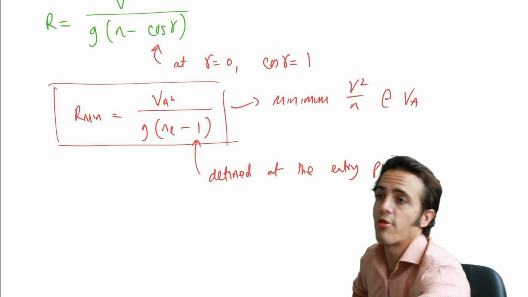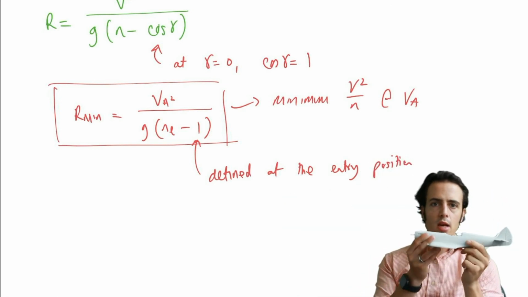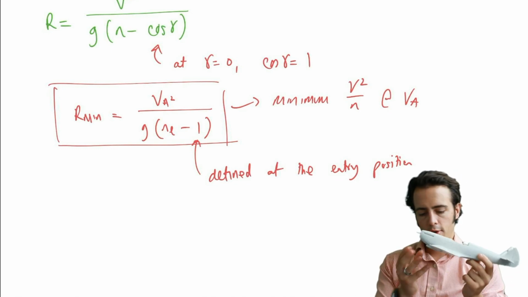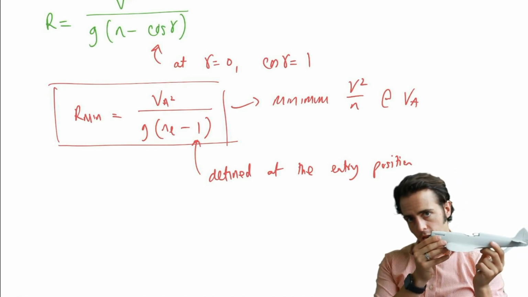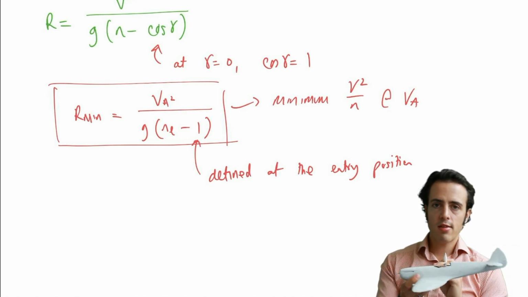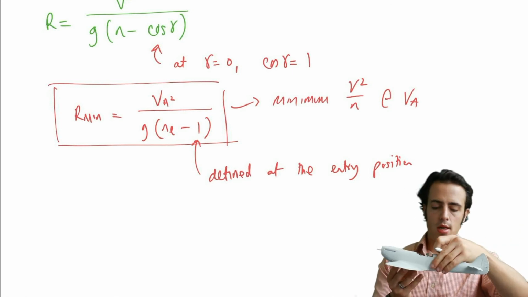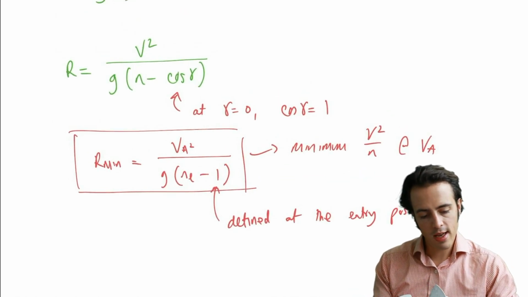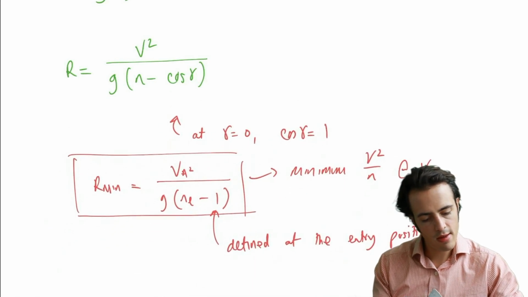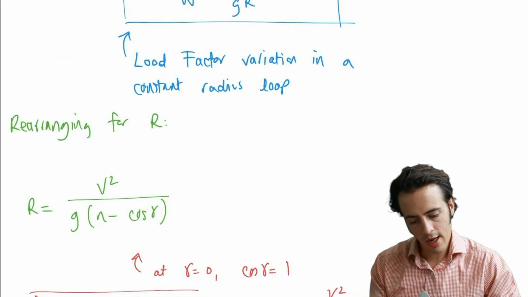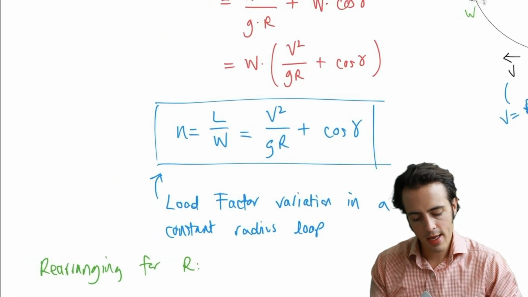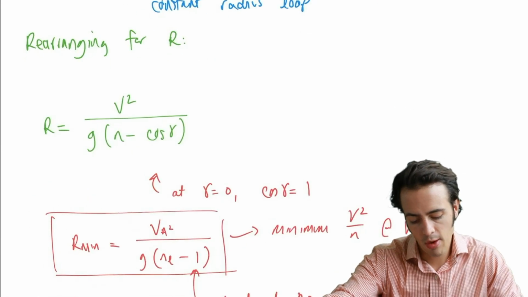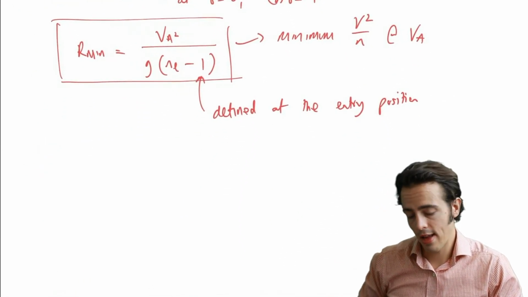That means that upon entry to this loop, at the very beginning where we've got this instantaneous control application to produce this load factor, the stick's pulled back and we've instantly gone to the maximum load factor. Now, because our load factor is defined by the position, as it's a function of gamma there, we can see that everywhere else in the loop the load factor is going to be lower.